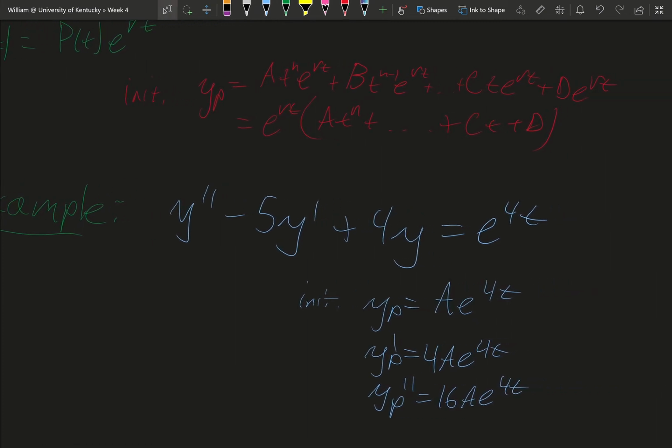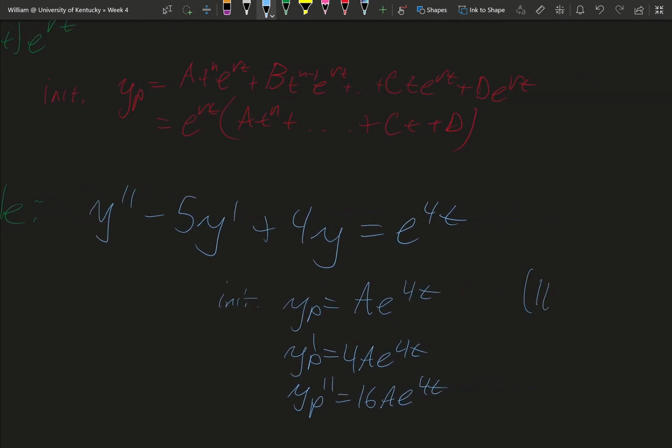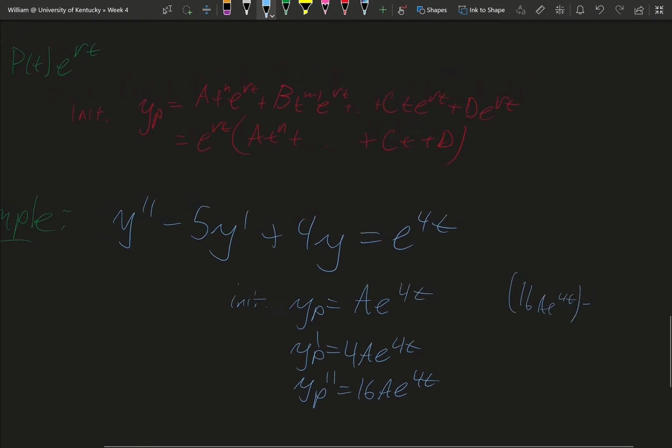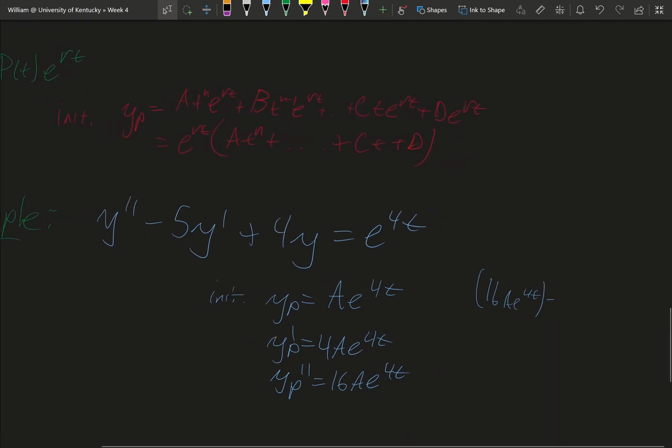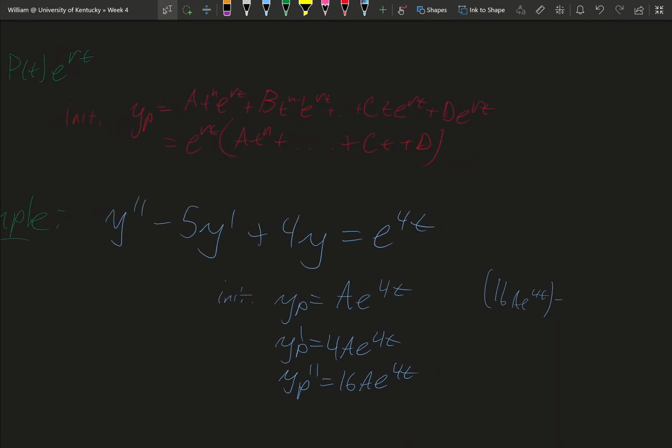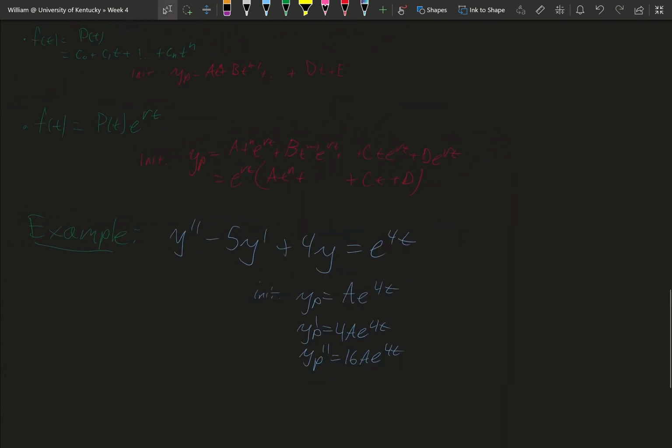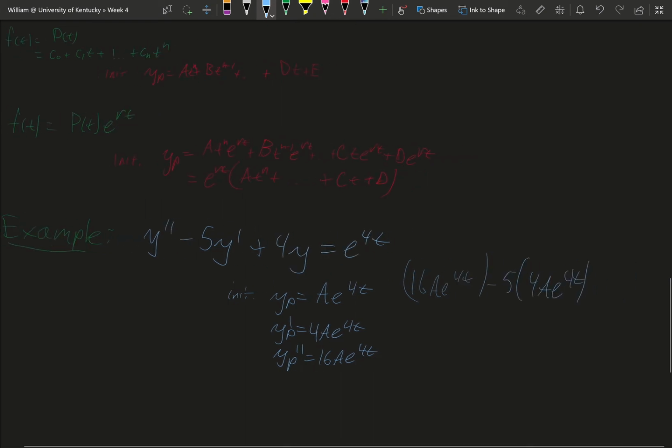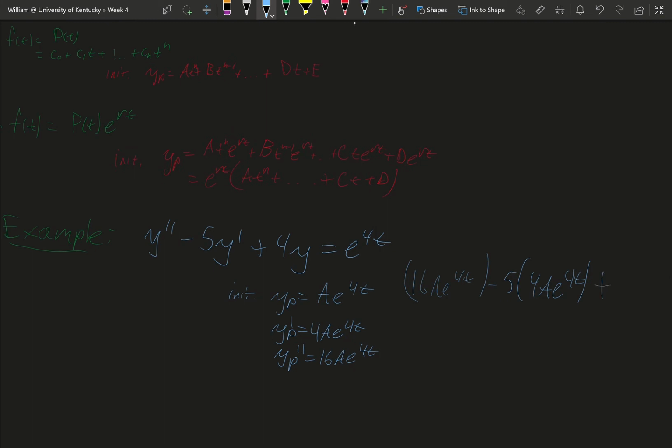And so if I try to plug this in, 16a e to the 4t minus 5 times 4a e to the 4t plus 4a e to the 4t.